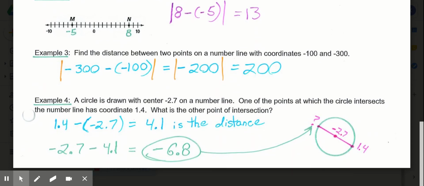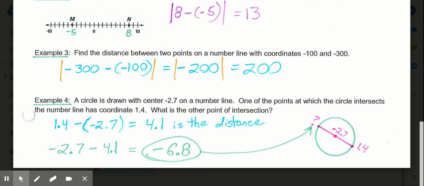And then example 4. Example 4 is a word problem that tries to throw you off a little bit, but if you draw yourself a picture, it's going to probably help you understand it. As you can see in the bottom right, as I read through the word problem, I drew this picture to help me understand it.